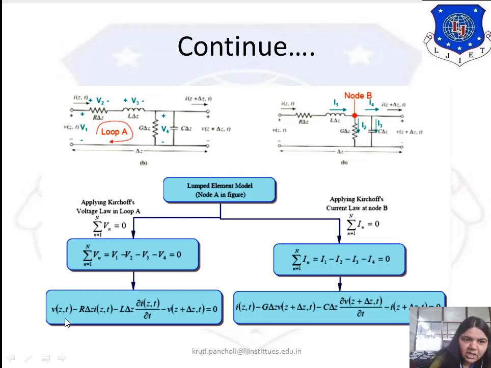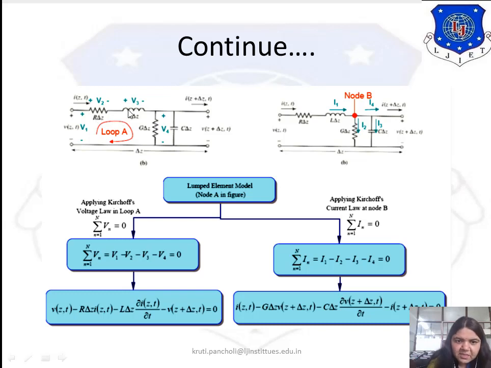So V(z,t) minus the voltage across the resistance, which is R delta z i(z,t), because you know this is the voltage equation V is equal to IR, and the particular length is delta z. So R delta z and i(z,t).